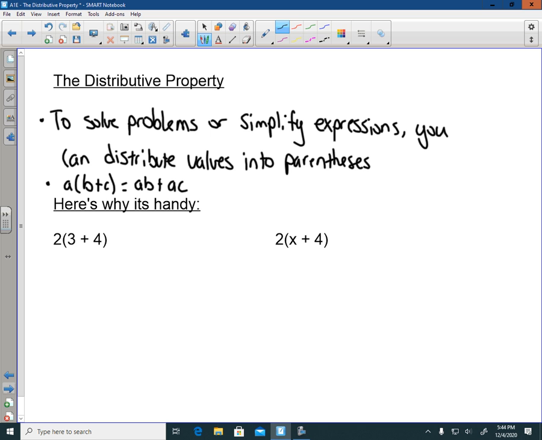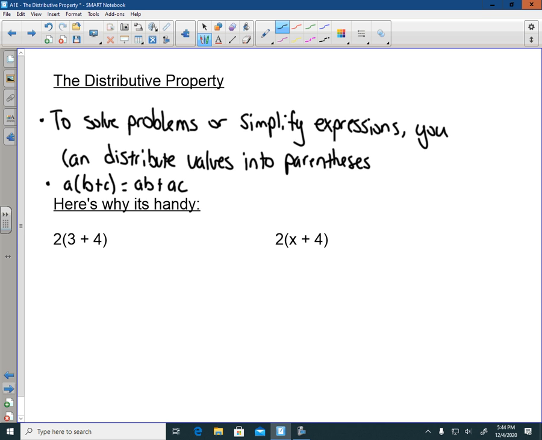What this is saying is, notice how A is outside of some parentheses. In order to simplify, you can distribute that A on each one of those terms, B and C, and get A times B plus A times C. Now here's why this thing is handy. If you have a little problem like this one, 2 times (3 plus 4), you can follow the rules of the order of operations and get the answer.